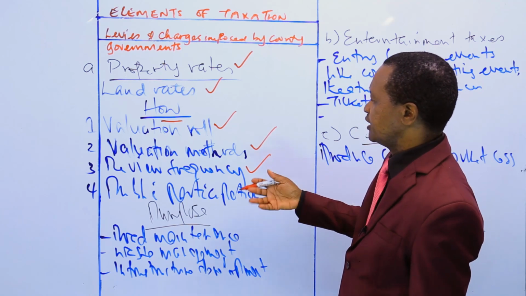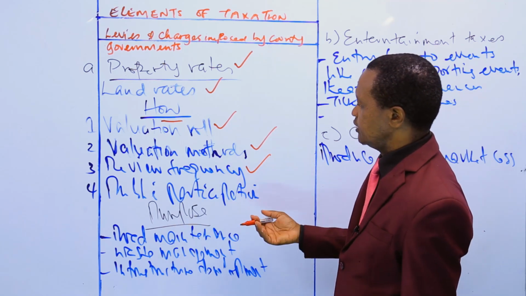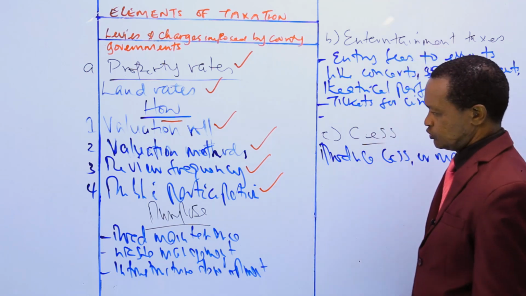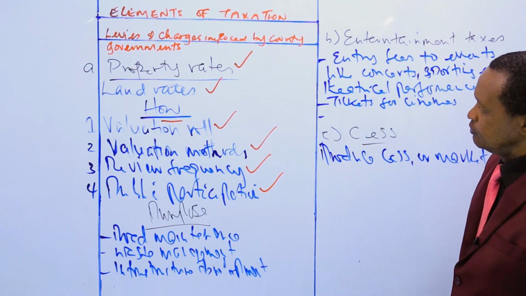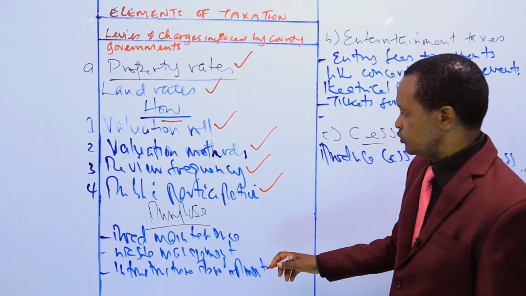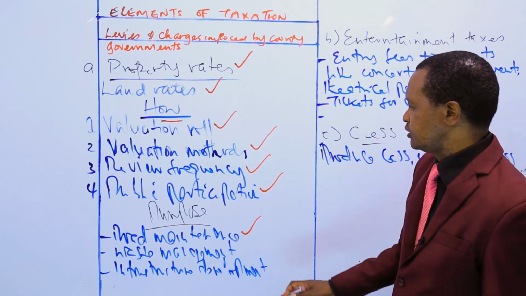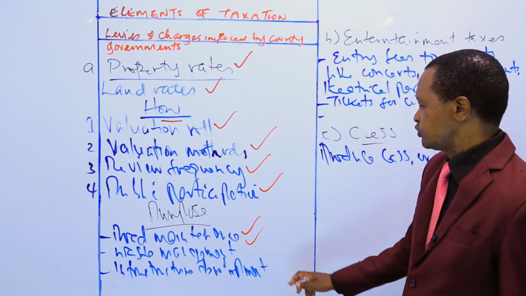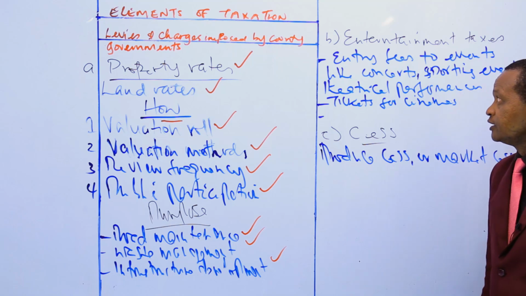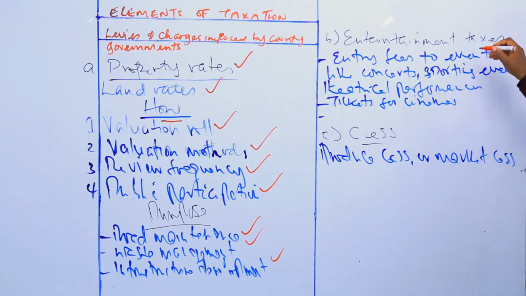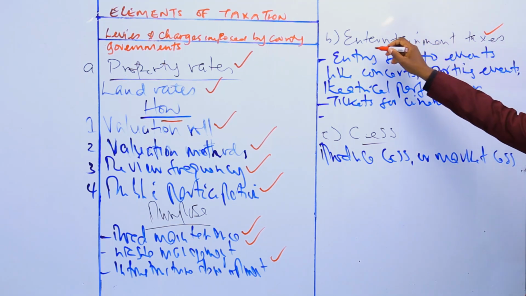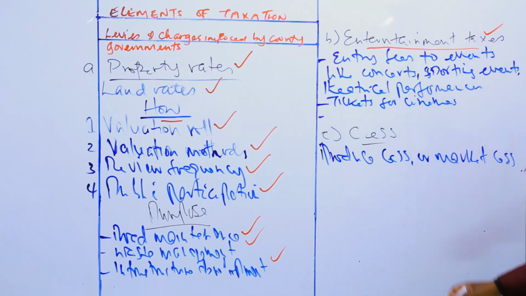Before making any changes to the evaluation roll, there has to be public participation. We've seen that money raised from property rates is used to construct and maintain roads, waste management, and also infrastructure development.